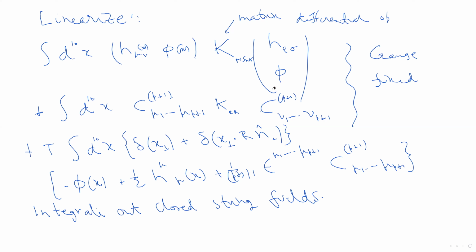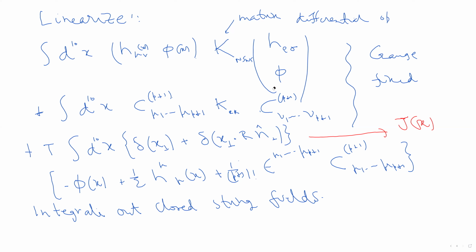Usually in QFT, if you have a source turned on, some J, then you integrate out the phi. Exactly, that's what you are doing. Here, where is the J? J is this. This is our J. Oh, this is linear in phi. Yeah, this is the linear term in phi. So this is roughly our J. Right?